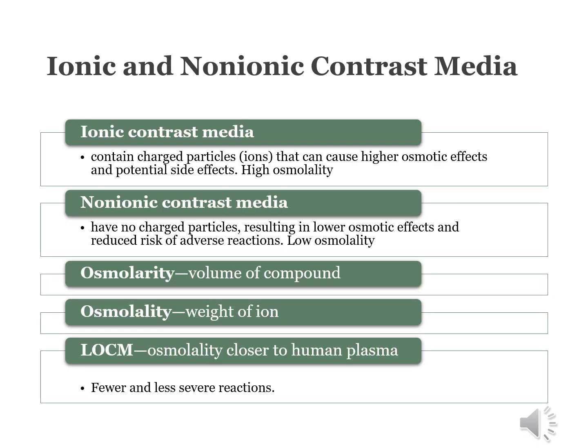Ionic contrast media contain charged particles, or ions, that can cause higher osmotic effects and potential side effects. Non-ionic contrast media have no charged particles, resulting in lower osmotic effects and reduced risk of adverse reactions.